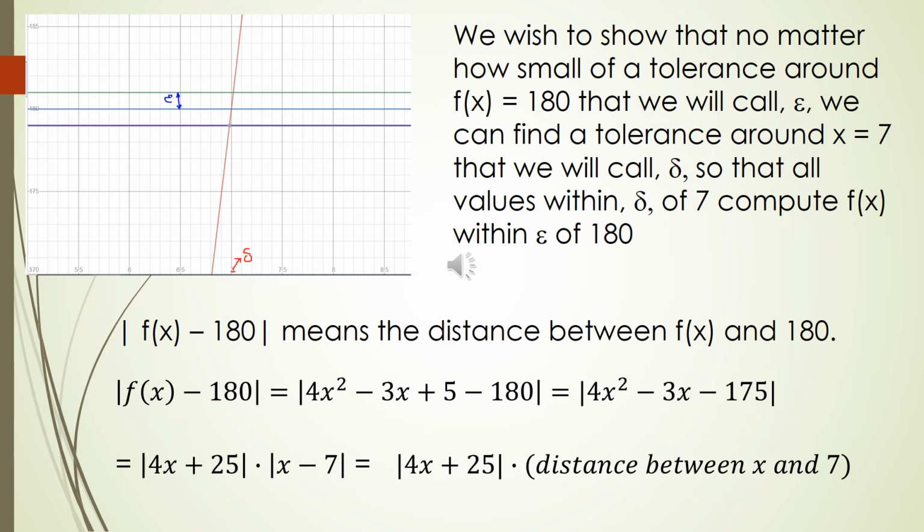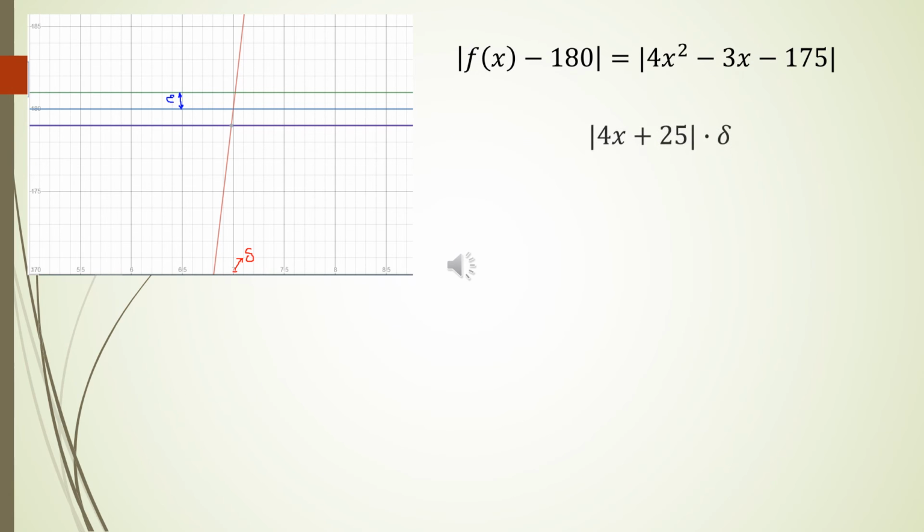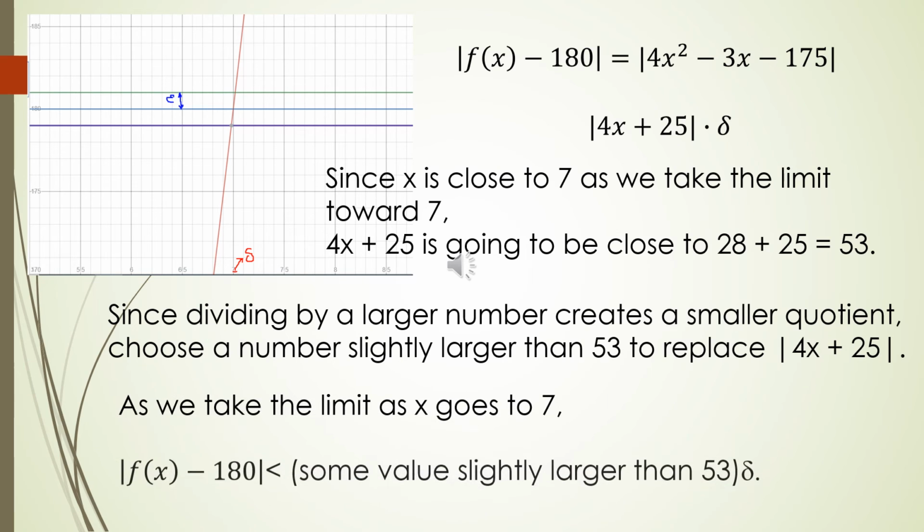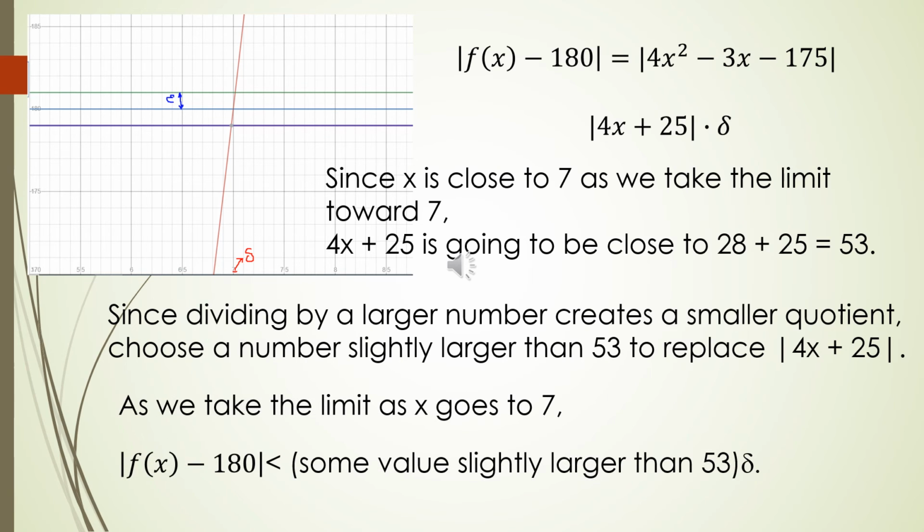So the absolute value of f of x minus 180 is equivalent to this factor 4x plus 25 times the distance between x and 7. So we just showed that the distance between f of x and 180 is equivalent to the factor absolute value of 4x plus 25 times delta.